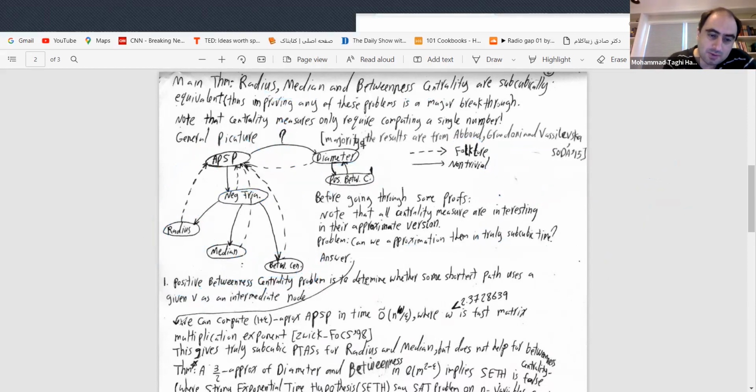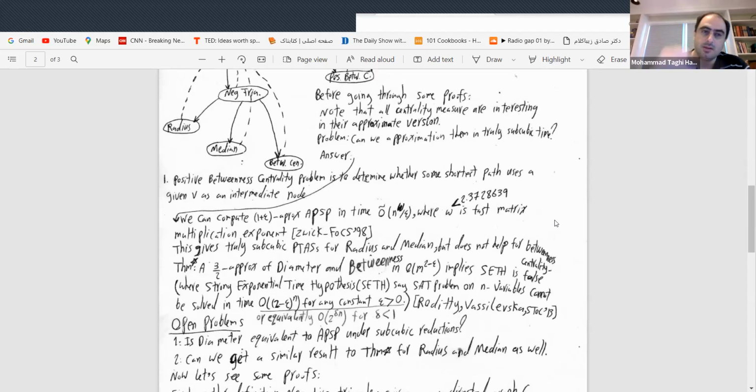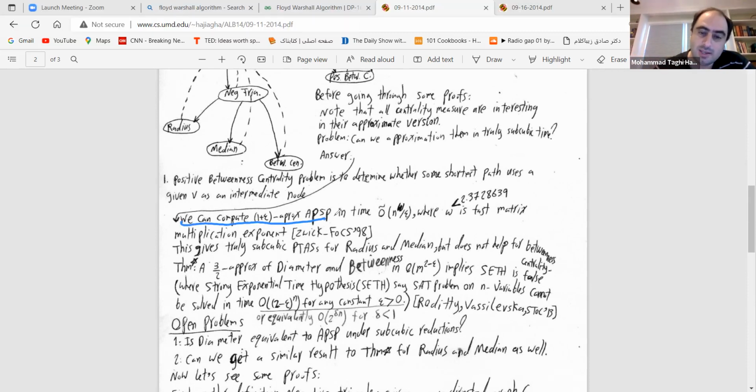Good. So for approximation, what do we know? Actually for all pair shortest path, for any small constant epsilon, we can compute this in running time n to the omega over epsilon.